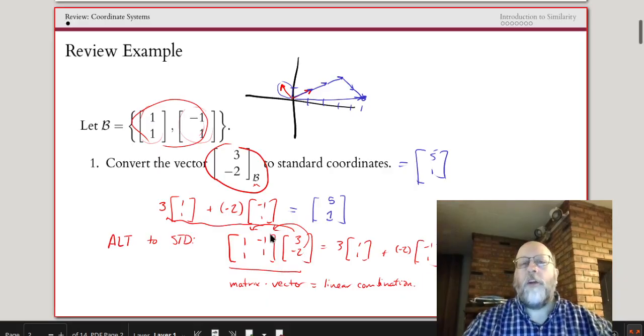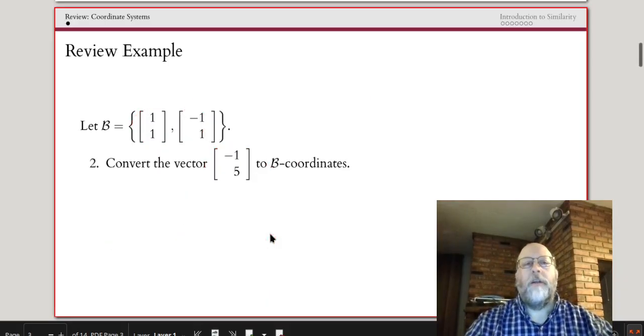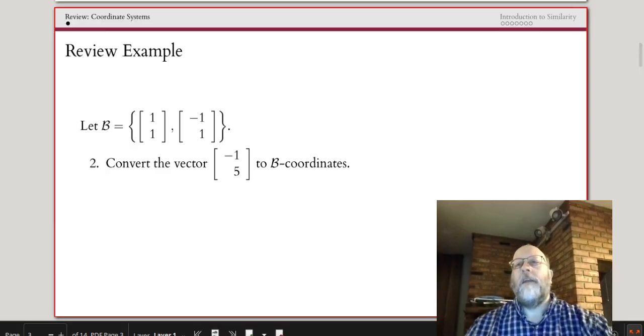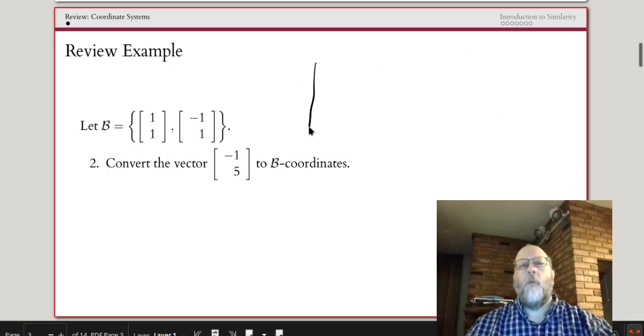But what if we want to convert in the other direction? We're still looking at the basis 1, 1 and negative 1, 1. But now we're looking at the vector negative 1, positive 5.